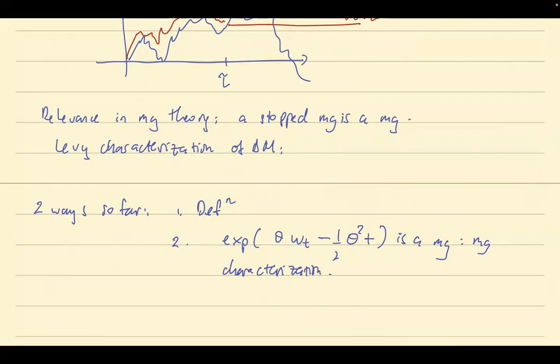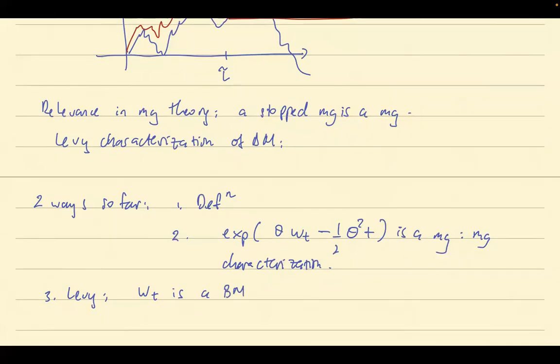And of course, now with the Levy characterization, that will be the third way. Levy characterization requires two things. That W_t itself is a martingale, since our Brownian motion W_t is of course a martingale.